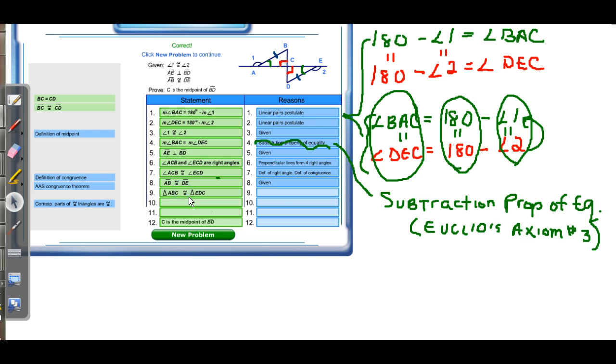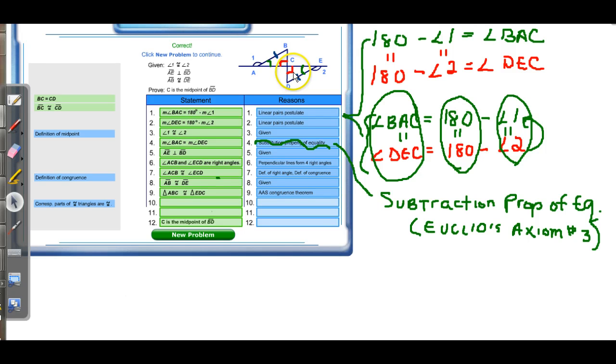The triangles are congruent, and the reason is the angle, angle, side congruence theorem, which says if you have two angles and a side that are congruent to the corresponding two angles and side of another triangle, then the triangles are congruent.